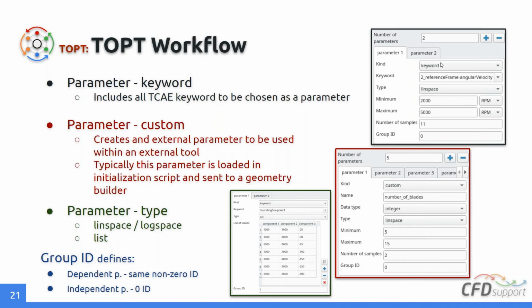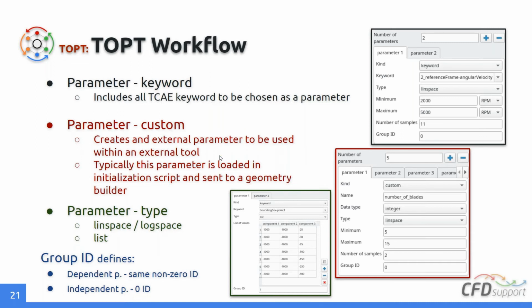If you use the kind of parameter keyword, it will give you a list of all keywords which TCAE has. So you can, for example, choose reference frame angular velocity to optimize or to run different revolution speeds of any turbomachinery design. The custom one creates an external parameter to be used within an external tool.